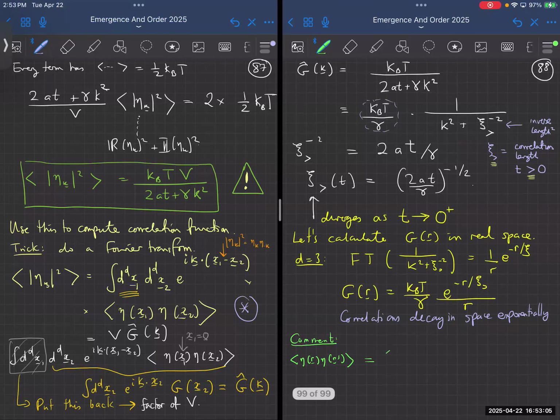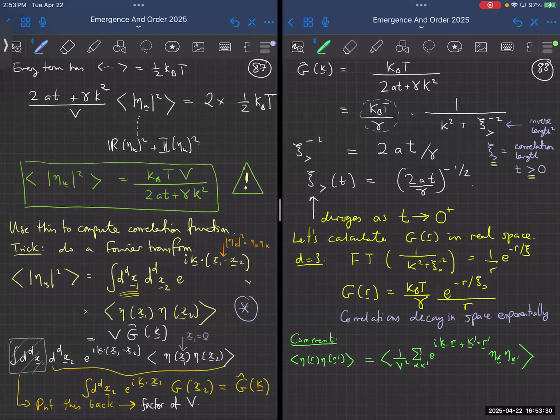So we're going to write this as 1 over V squared, sum over k and k prime, e to the i (k dot r plus k prime dotted with r prime), and then eta of k, eta of k prime. Okay, so that's the thing that we've just calculated.